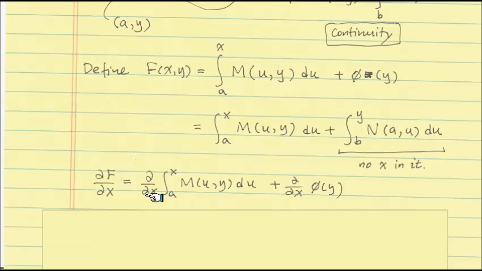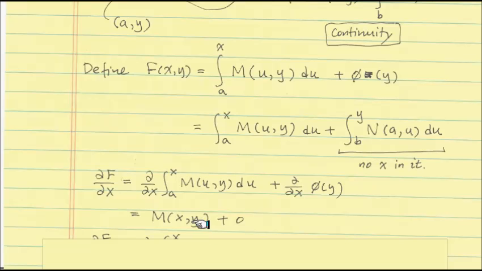This area function, if you differentiate it, becomes exactly the inside function where the dummy variable is replaced by x. So that's this part right here, and that other part is 0. So the function we defined here has partial x exactly m. So that satisfies the first condition.